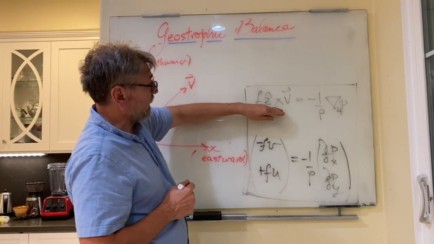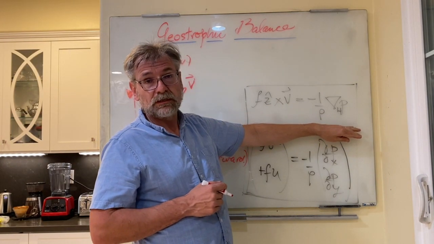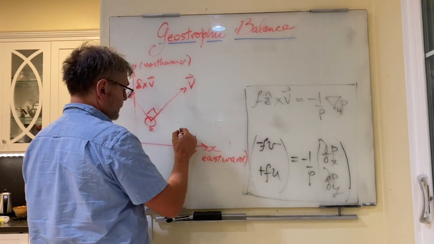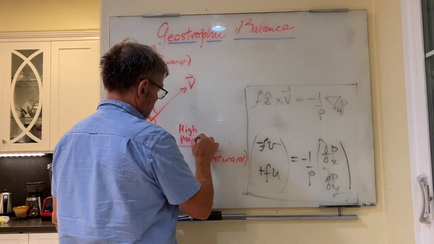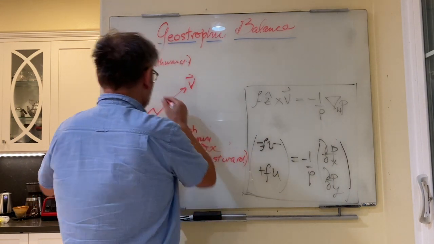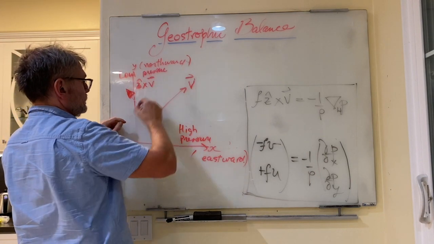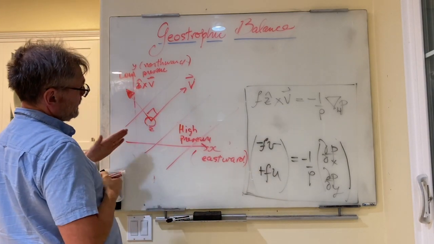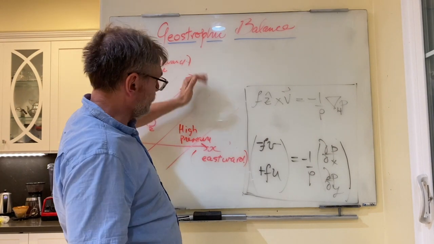This then is the direction of the pressure force. And remember, the pressure force points from high to low pressure. So that means we must have a high pressure on this side, and then a low pressure on this side. So if I was to draw lines of constant pressure, they would look something like this, and the current would be flowing along the lines of constant pressure with the high pressure to the right.